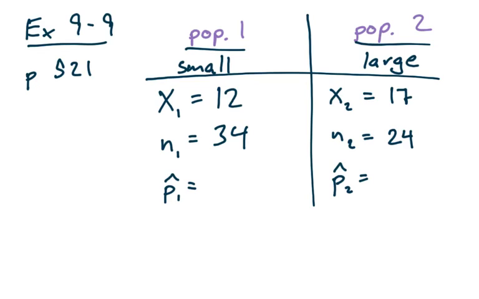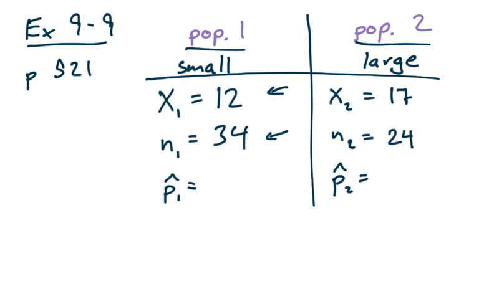low vaccination rate. Notice the 80%, that figure never enters in here. That's just the description that they're using, right? So our successes are finding a nursing home that has this low vaccination rate, and then the n is just the sample size.